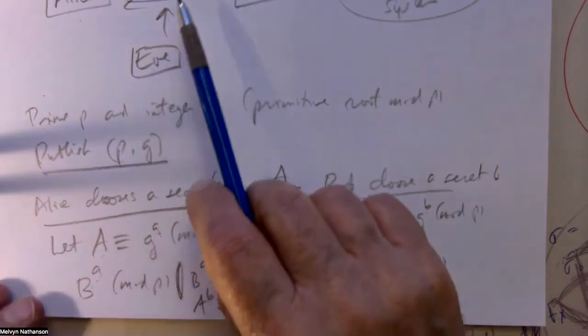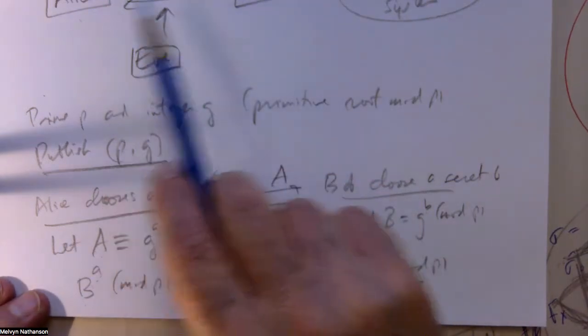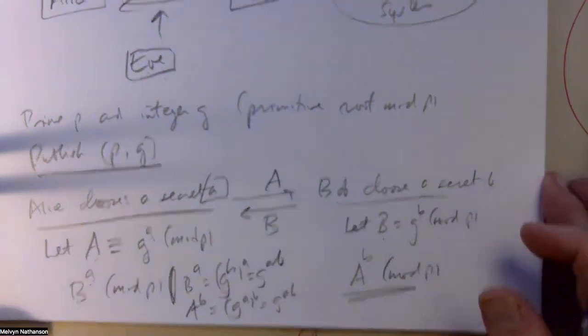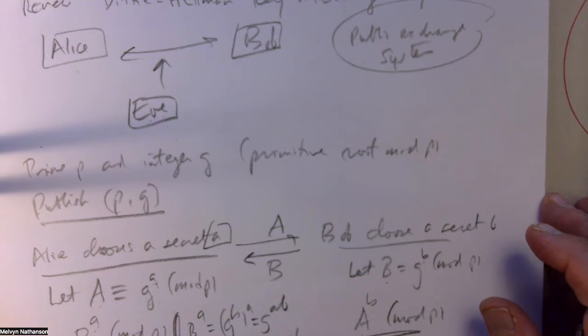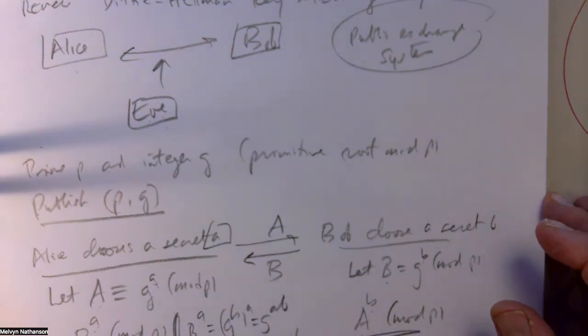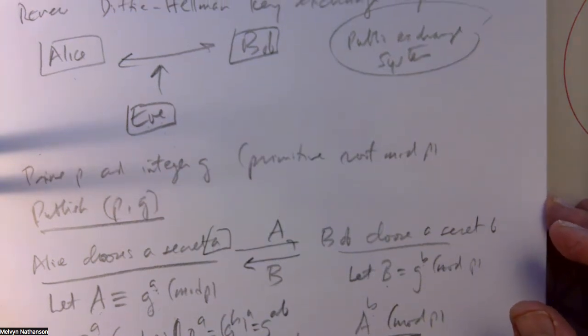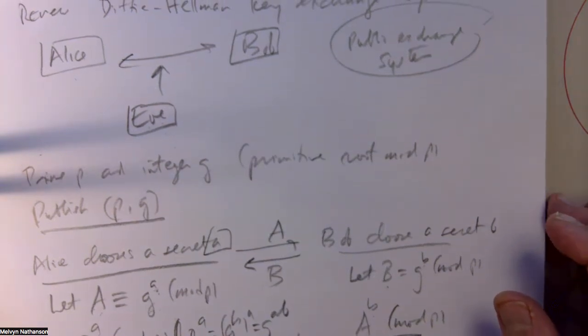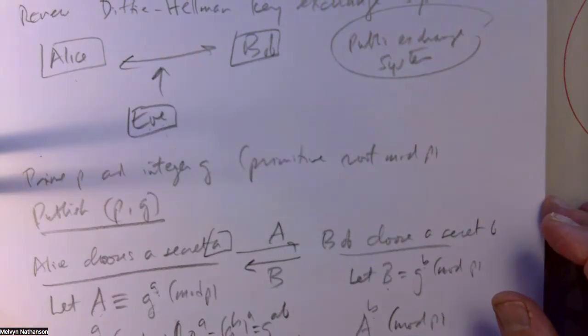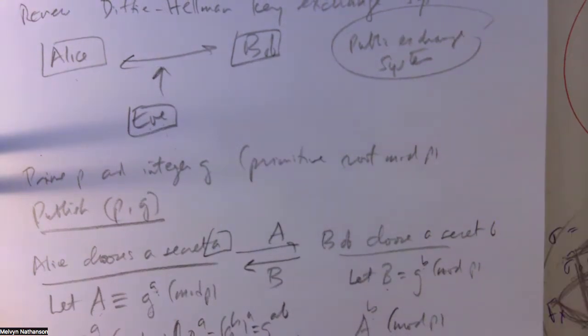The Diffie-Hellman key exchange just allows Alice and Bob to communicate a secret number to each other. It allows them to generate a number which they both know and no one else knows. But generating a number is not the same as transmitting a message.